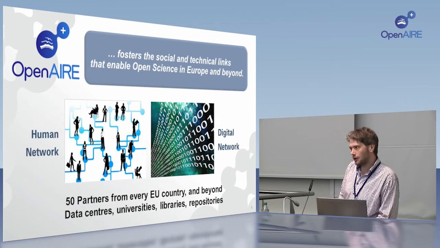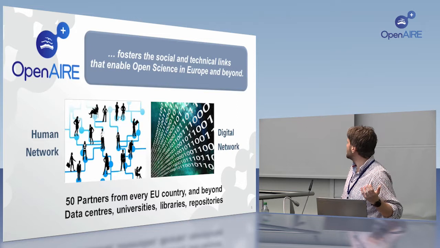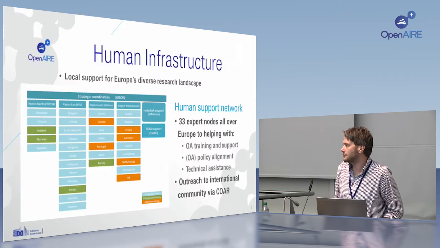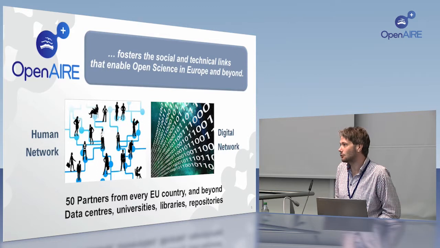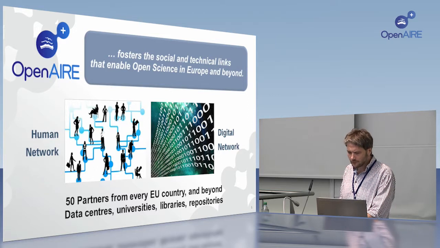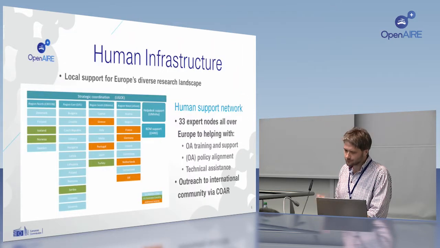So we have, on the one hand, this human network, and on the other side, a digital network. The current project phase is OpenAIRE 2020. It has 50 partners from all over Europe. We're in every EU country and more. And we consist of data centers, universities, libraries, and especially repositories.